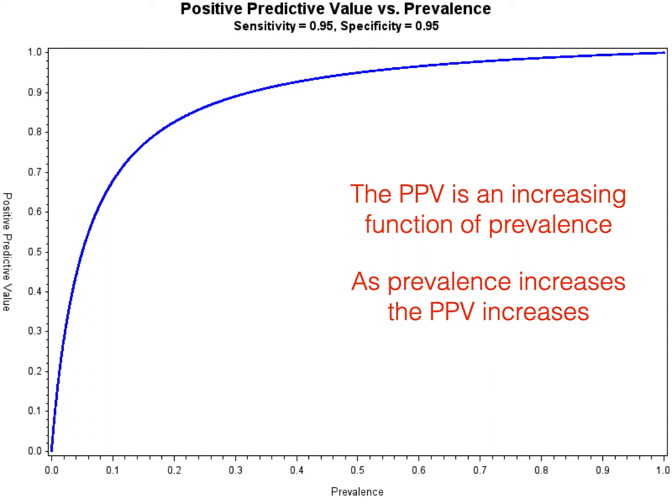In other words, the probability that the person actually has the disease, given that their test came back positive, may be fairly low. It may only be 10% or 20%. On the other hand, if the prevalence of the disease in that particular population is 0.3 or above, in this graph at least, then there may be a much higher probability that the person has the disease, given that their test came back positive.